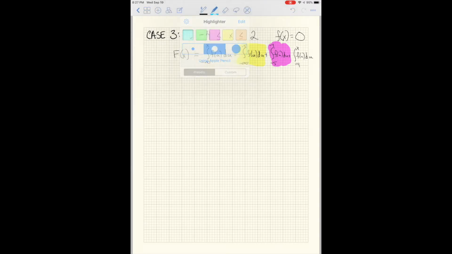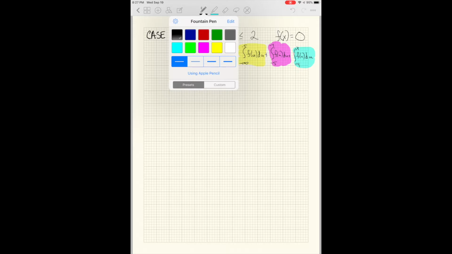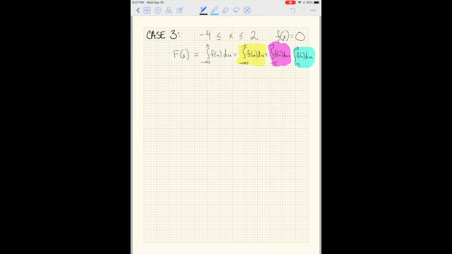And then this new portion is the area underneath the curve between negative 4 and x, where x is between negative 4 and 2. So it should be obvious that this is going to add 0 regardless of any x in this range. But we could still work it out.